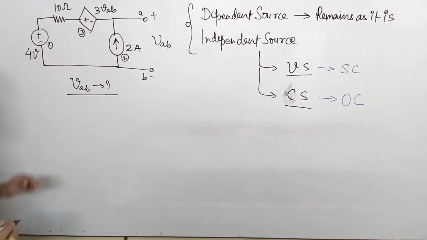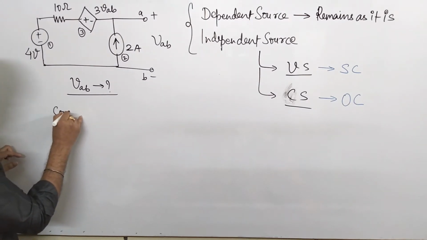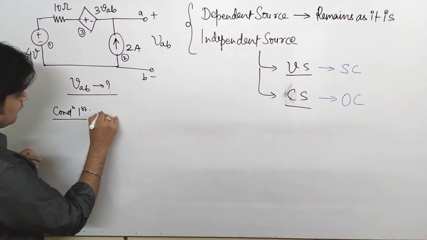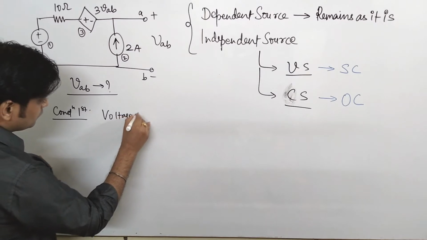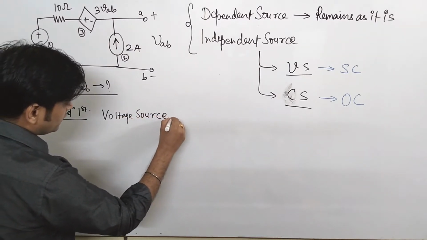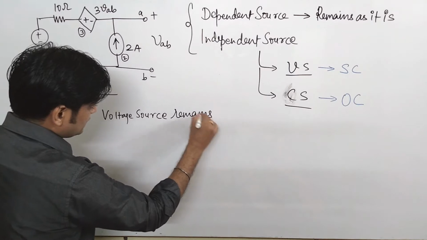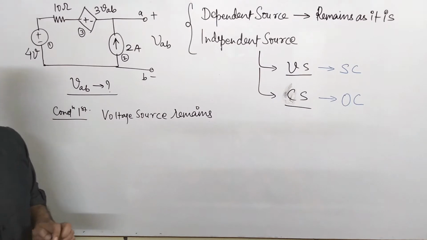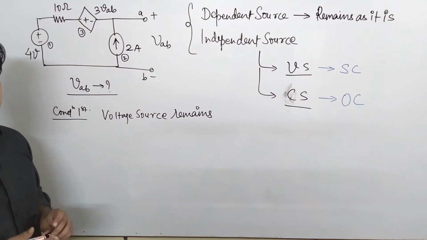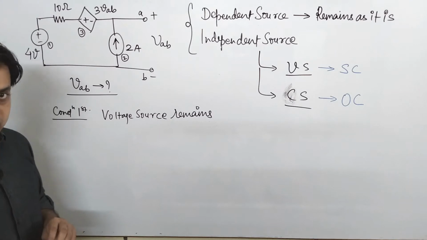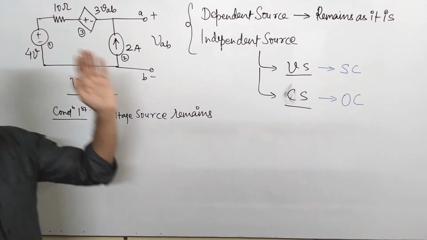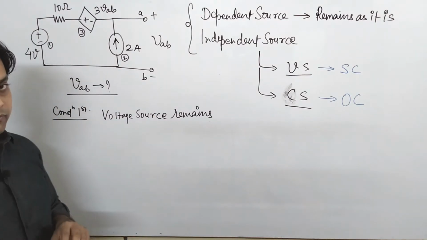First we will consider that the voltage source is present. This is our voltage source, so this is our first condition, in which the voltage source remains. If the voltage source remains, then all the rest of the sources go off, depending upon the condition of the sources. Whether there are n number of voltage sources or n number of current sources, all go off.